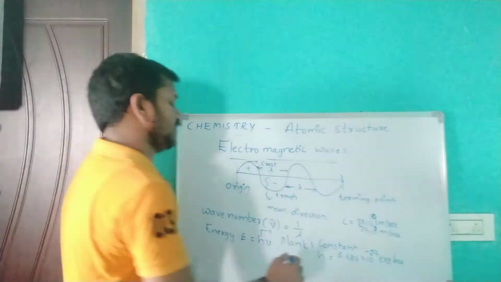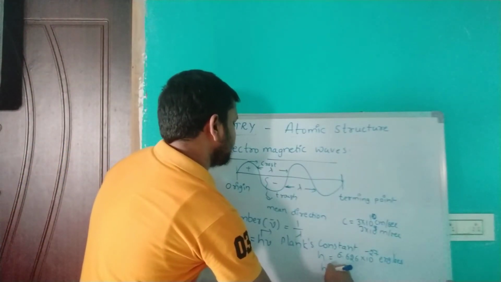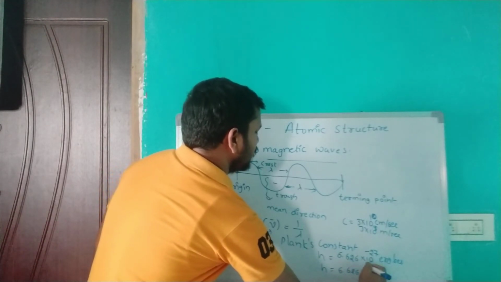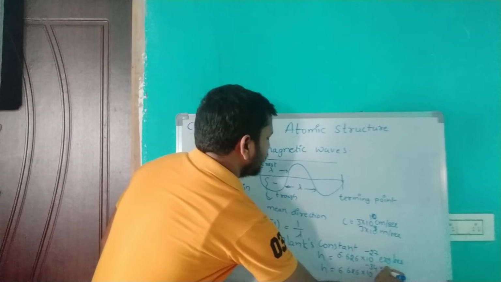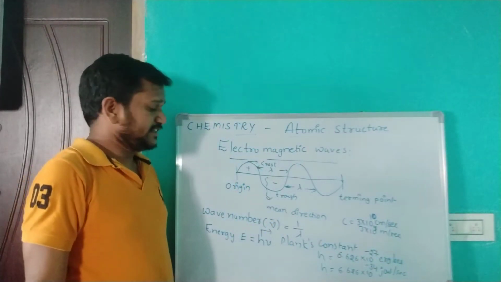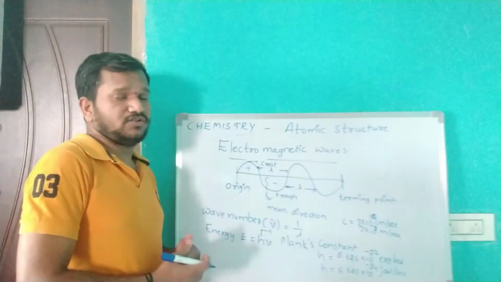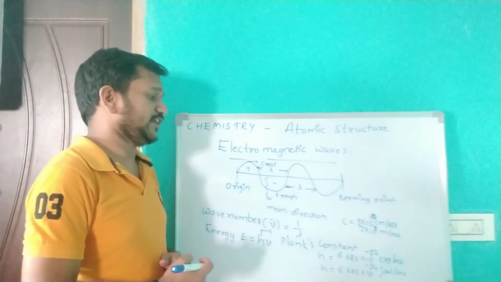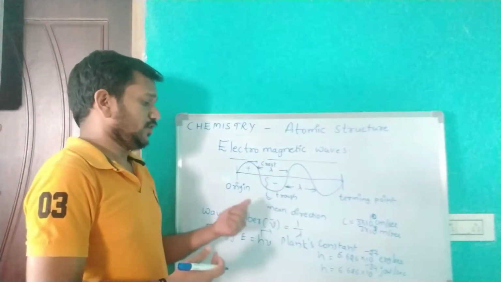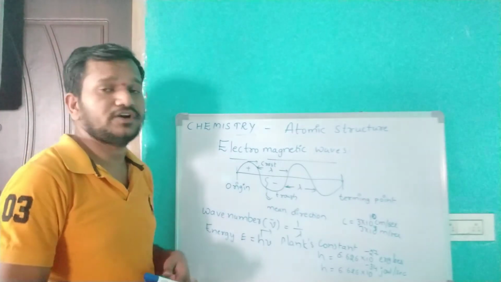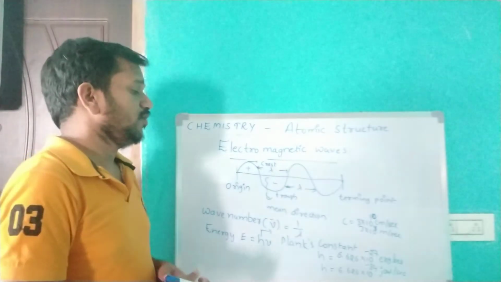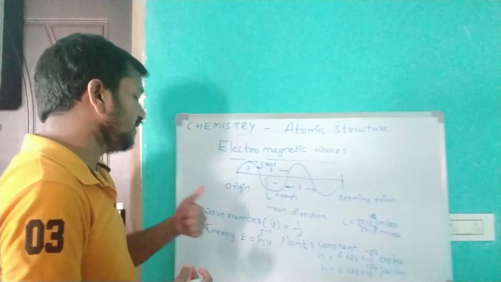And in MKS system, Planck's constant h is equal to 6.626 into 10 to the power of minus 34 joule per second.